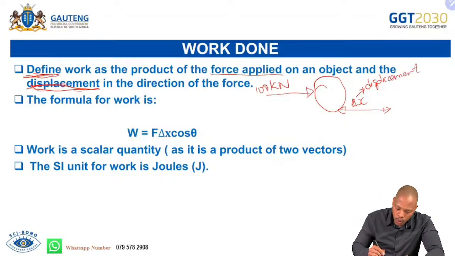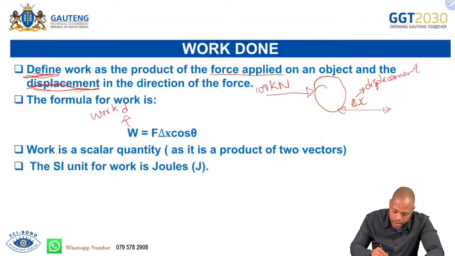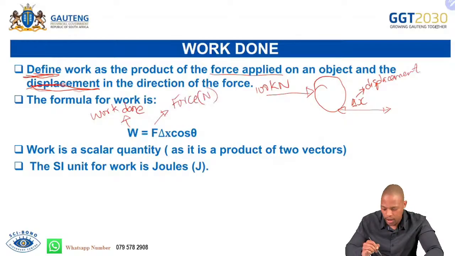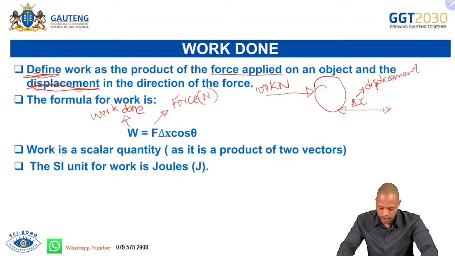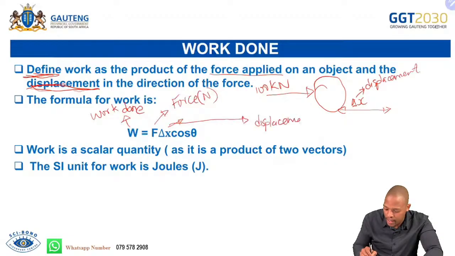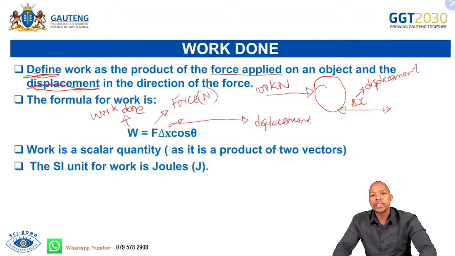We can do that through the formula which says W, and the W stands for work done, is equal to F, and the F stands for the force, and the force is measured in newtons. Then delta x, and the delta x stands for the displacement.